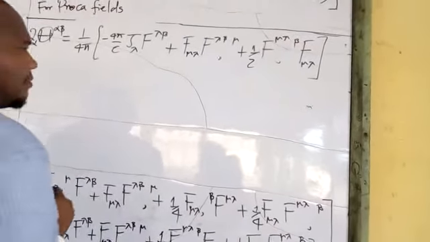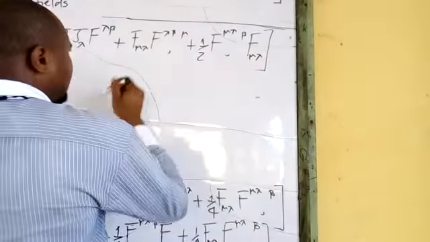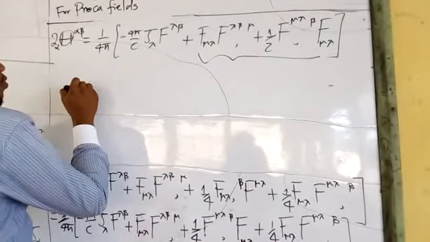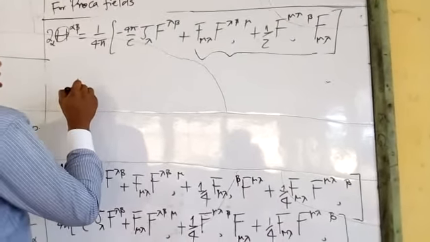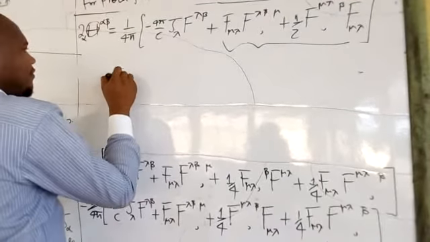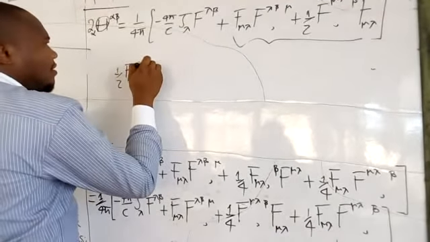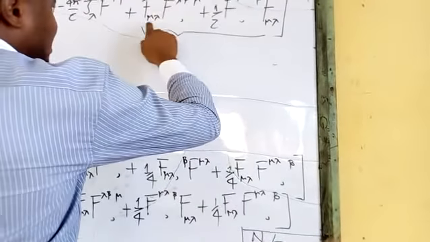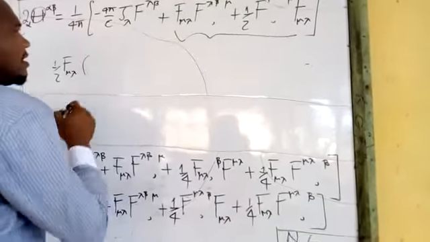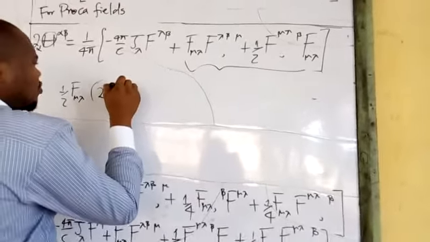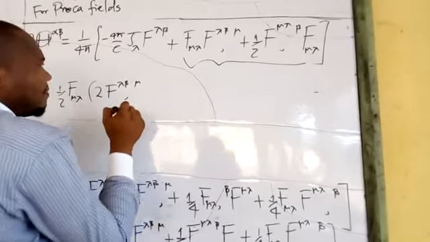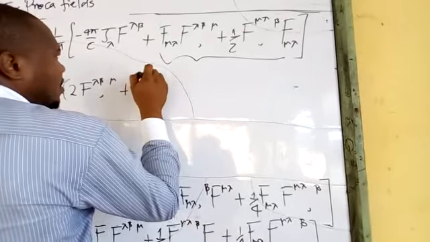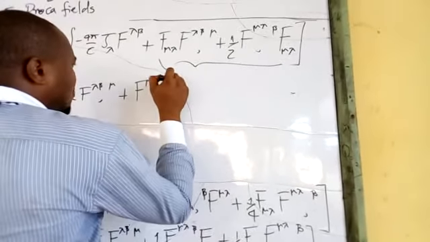Okay, now let me just try to work on these last two terms. These last two terms I can write as 1 all over 2 of some F mu lambda down, exactly, because F mu lambda is common to the two of them. But then again, I'm going to have some 2 lambda beta comma mu here, and then I'm going to have plus this is F mu lambda comma beta.